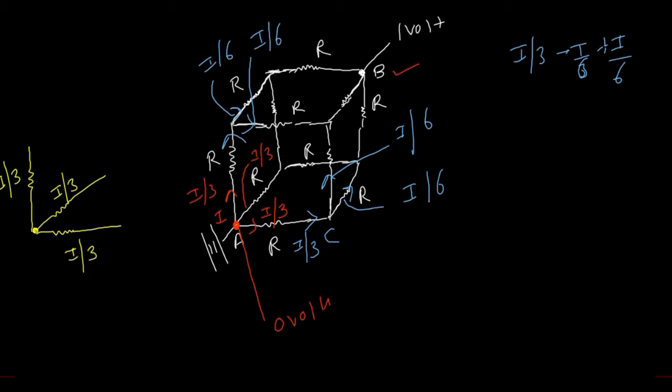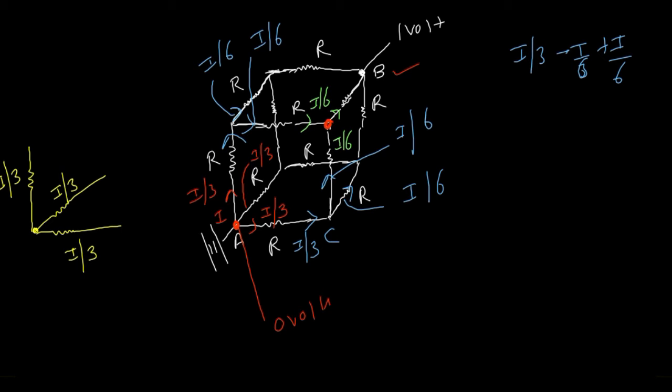So let's concentrate on another point, which is this. You can see on this point you have one I by 6 and then you have another I by 6, and let's talk about this point where the current now aggregates.